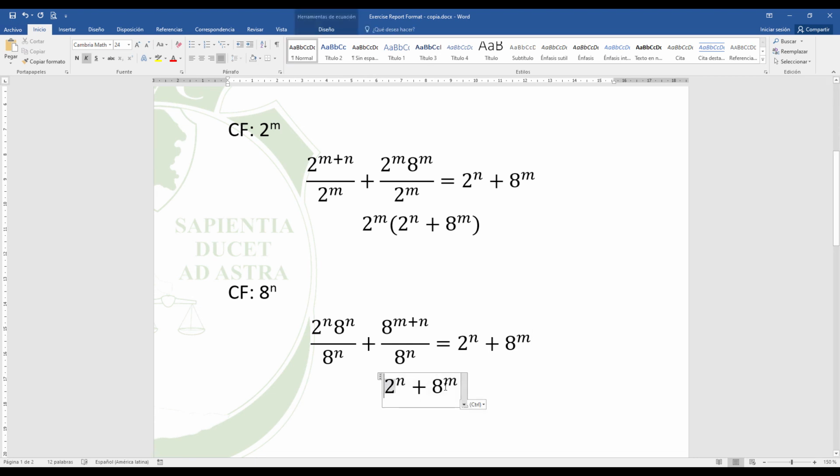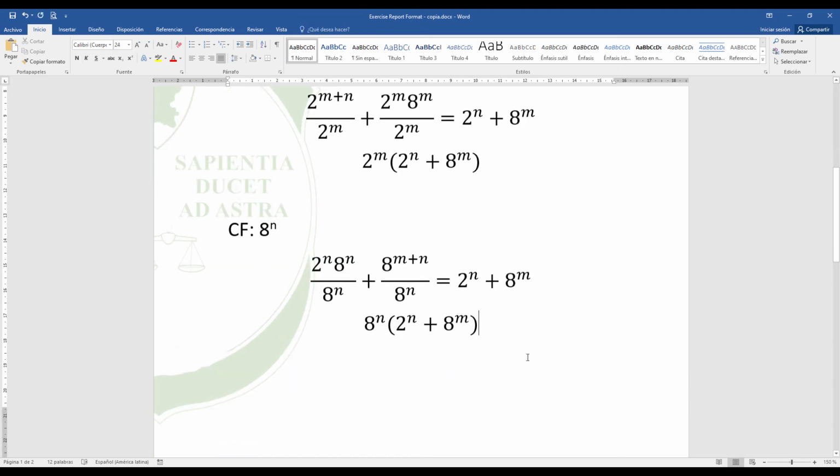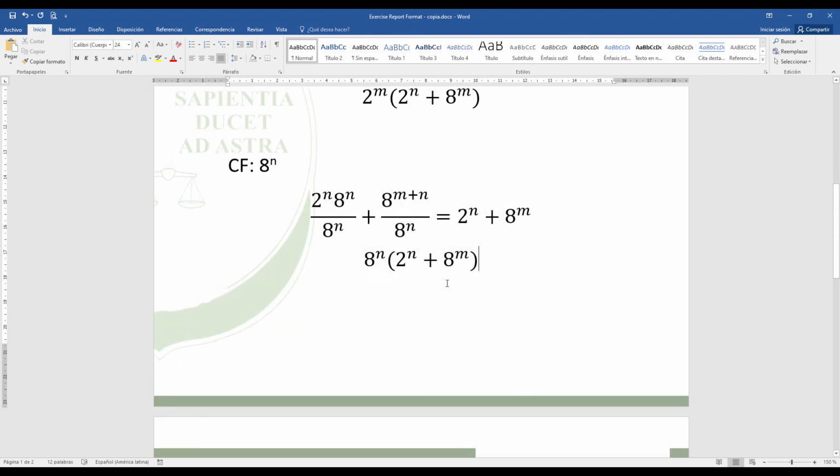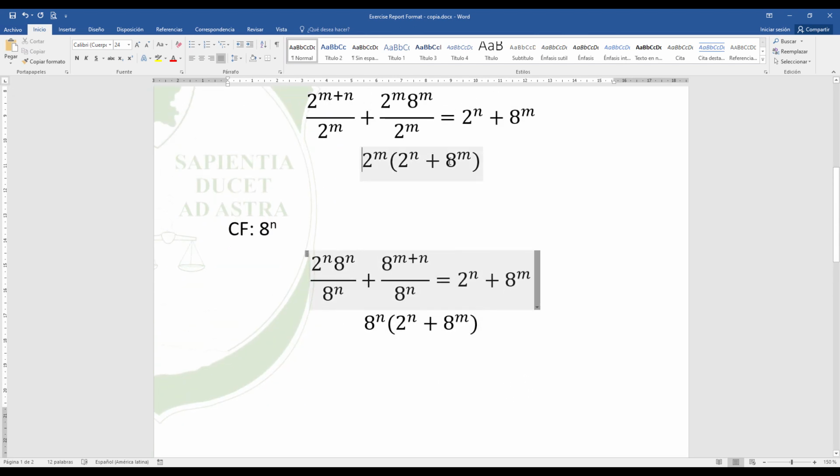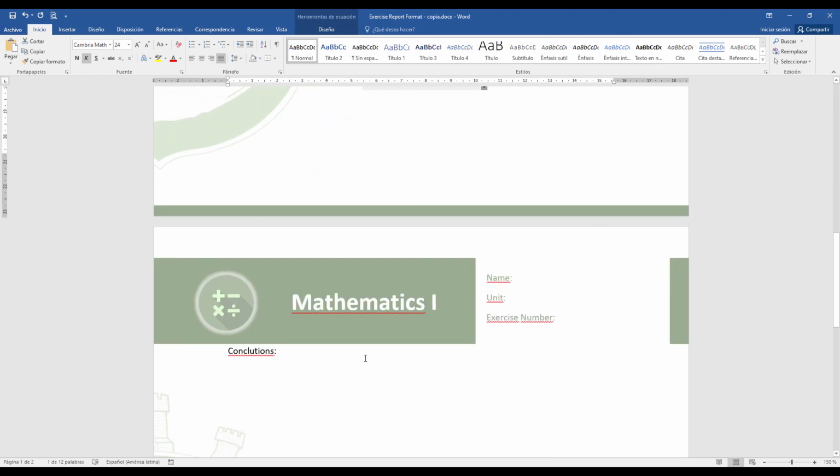Again, the result of that group will be the multiplication of the common factor by the result of that division. So you will join the results that you got.